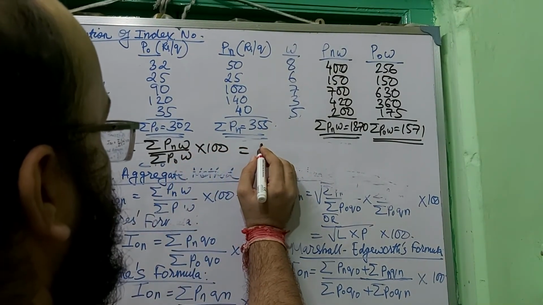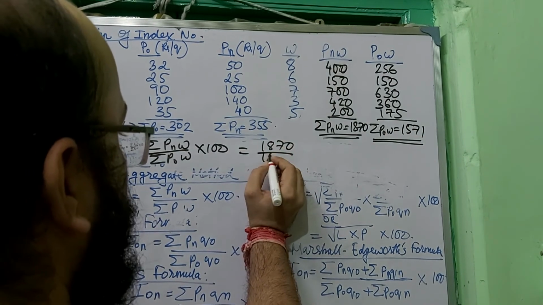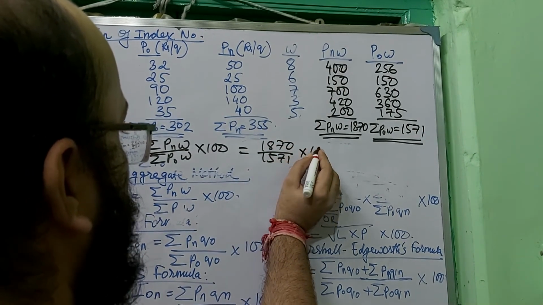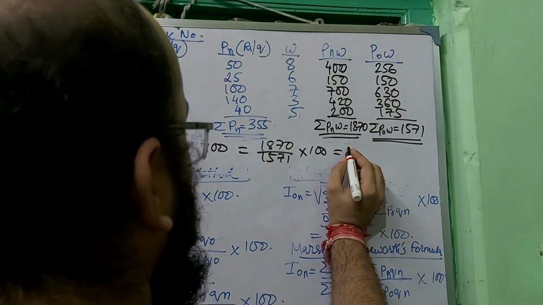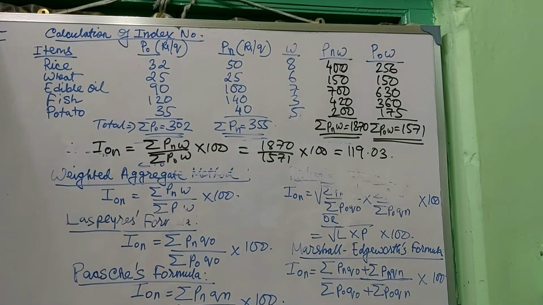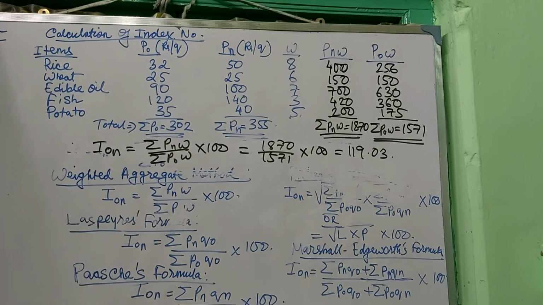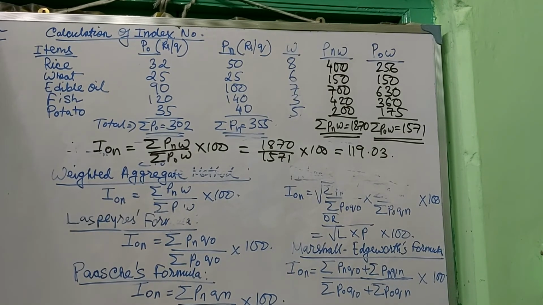It will be 1870 by 1571 into 100. It becomes 119.03. I'm doing the homework sum, adding only the weights, and I can easily compute the weighted index.